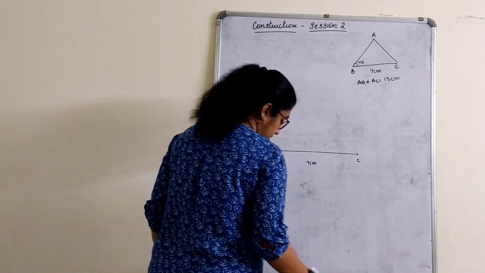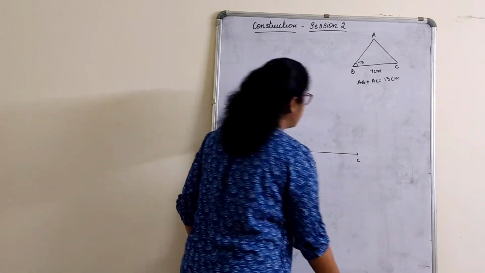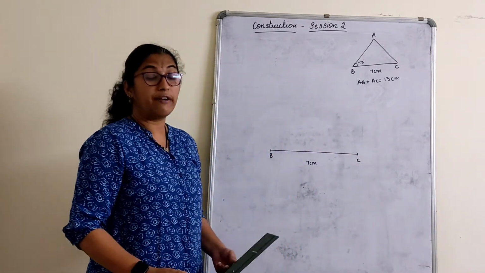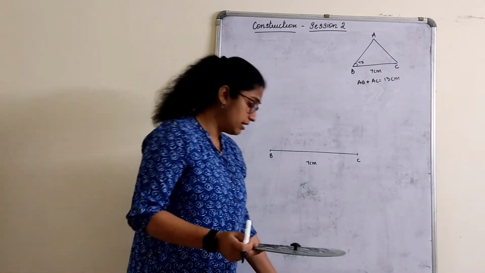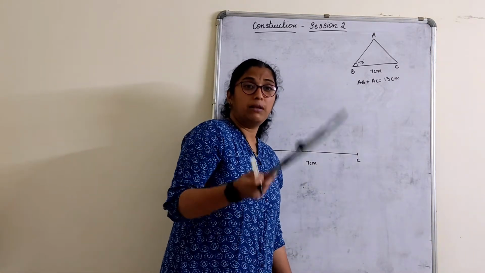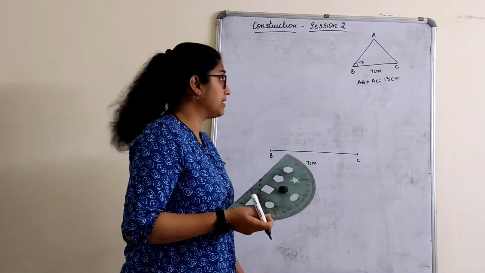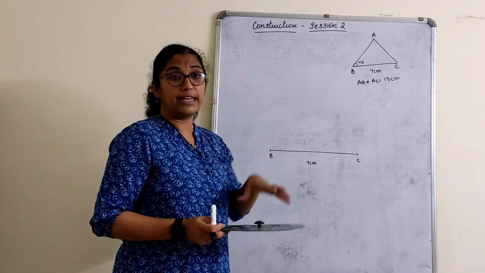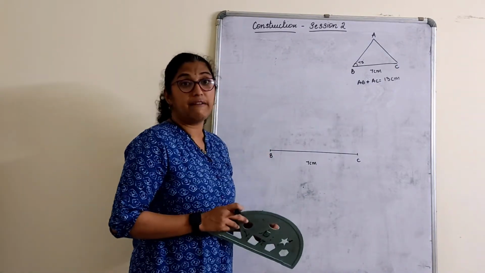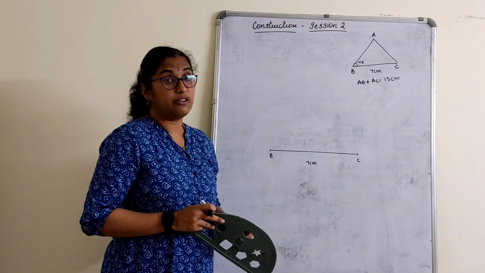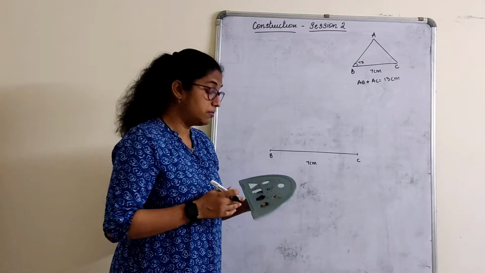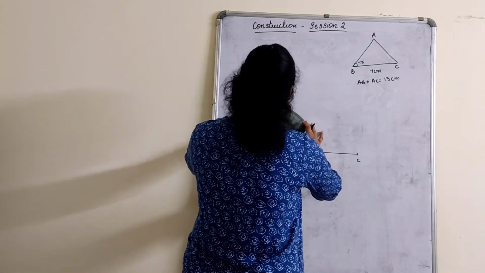Then see here, sometimes in your school for this 75 degree, they will tell you to do the actual construction, but they have not mentioned it, so for constructing a triangle I go for a normal protractor 75 degree. But in your school they insist that you construct the 75 degree angle. You know how to construct 75 degree. We have done that in the previous session.